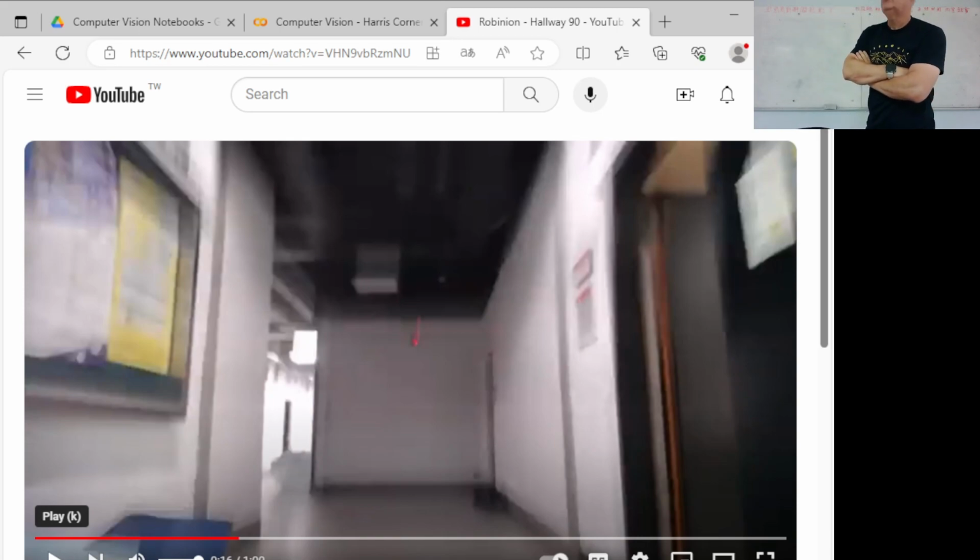It doesn't have to be the objects beside it. You can tell by looking at the left corner, for example, by looking at the door and some other features.